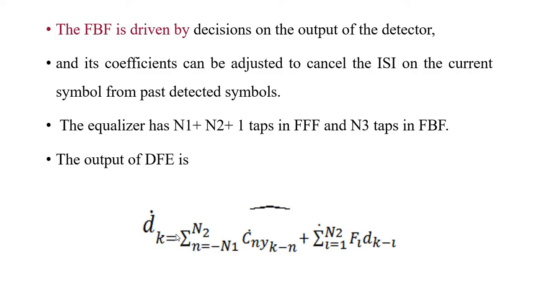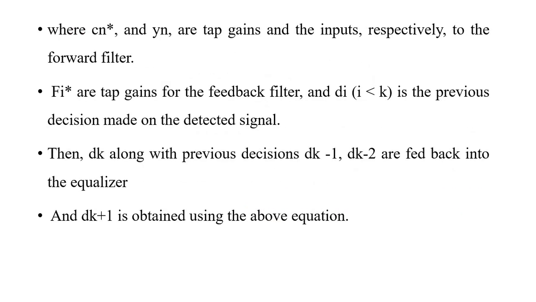Again, we have an expression for d-hat. d-hat is equal to the summation over n equal to minus N1 to N2 of Cn star yk minus n, plus the summation over i equal to 1 to N2 of Fi dk minus i. This is the expression for the output of the filter.